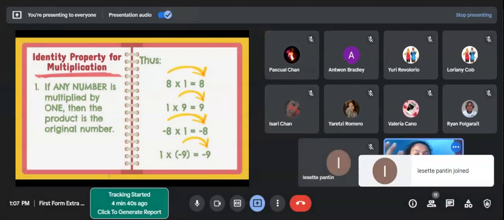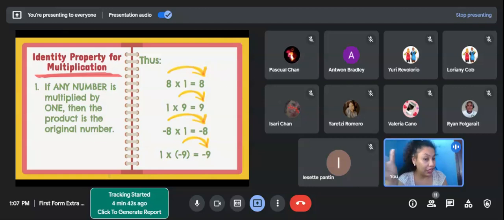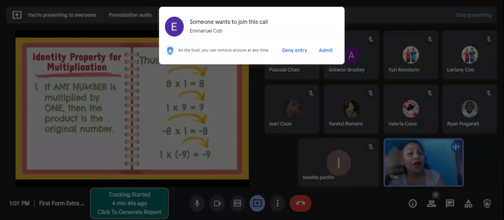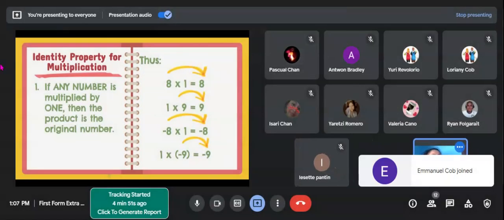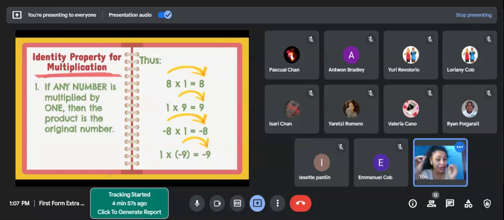So now the identity property for addition talked about me adding 0 because it's plus. So when I talk about identity property for multiplication, I have to multiply. So I have a number, I'm going to multiply, and my answer has to be the exact same number. And the only way that that happens is if I multiply by 1.